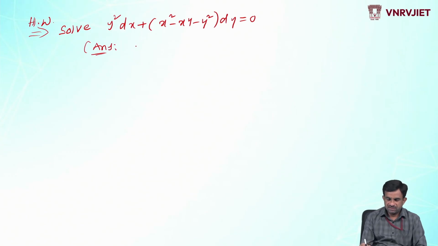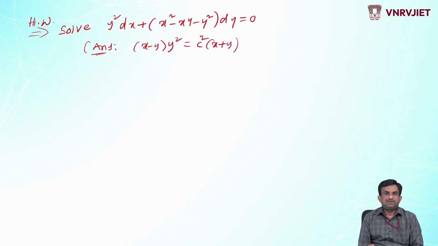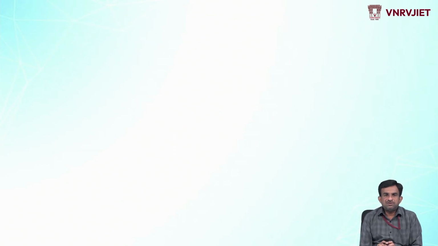The solution we will get for this problem is (x minus y) into y square is equal to c square into (x plus y). So this problem you can try at home. This is about method 1 to find the solution of the given non-exact differential equation.